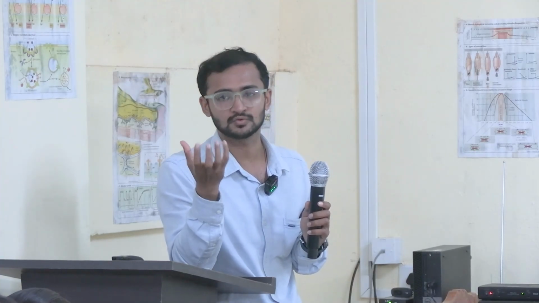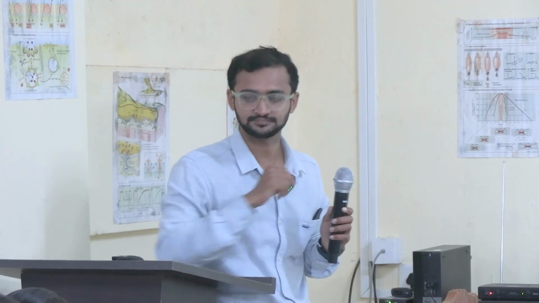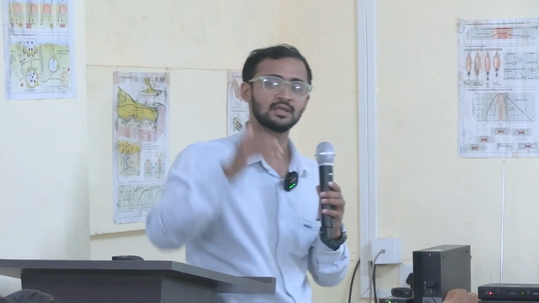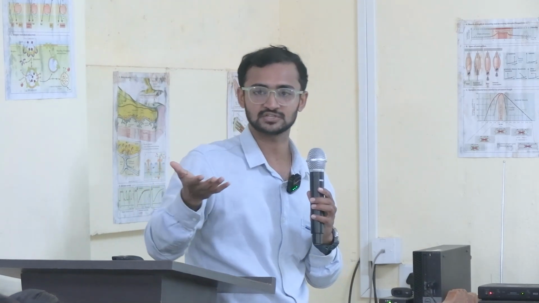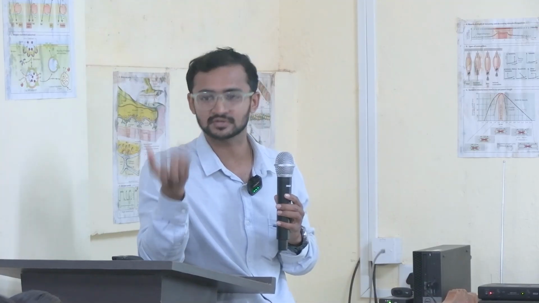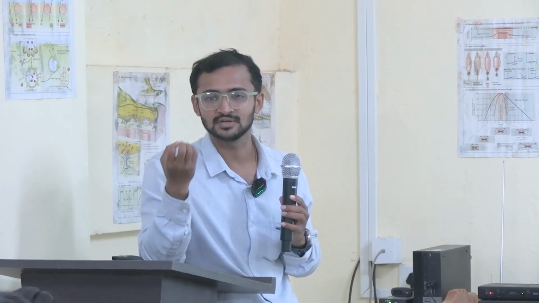What will happen if there is excess? It won't be able to get contracted. There will be hyperrepolarization, so it won't be able to contract. Diastolic or systolic? Diastolic. So it will stop at diastole.